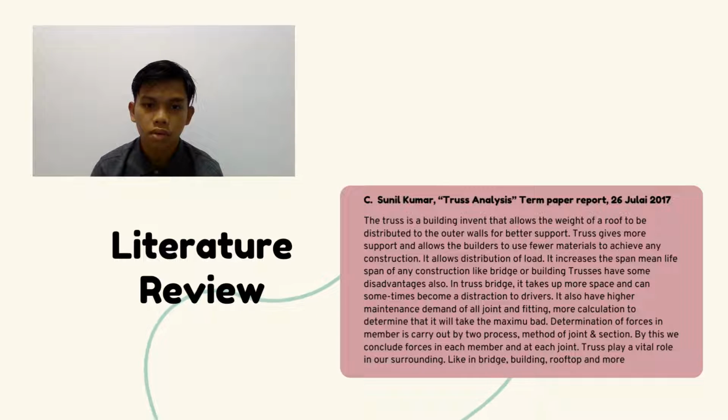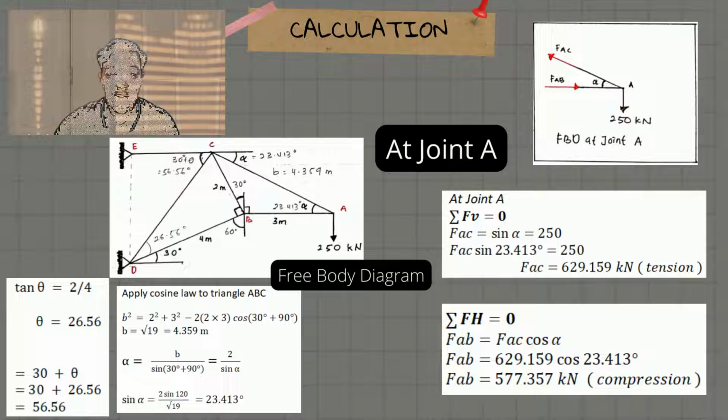By this, we conclude the force in each member and each joint. Trusses play a vital role in our surroundings, like bridges, in buildings, rooftops, and more in other buildings.